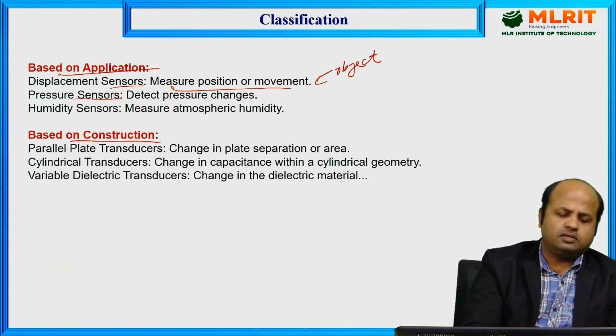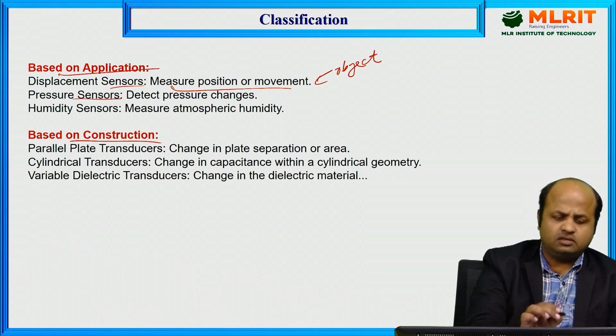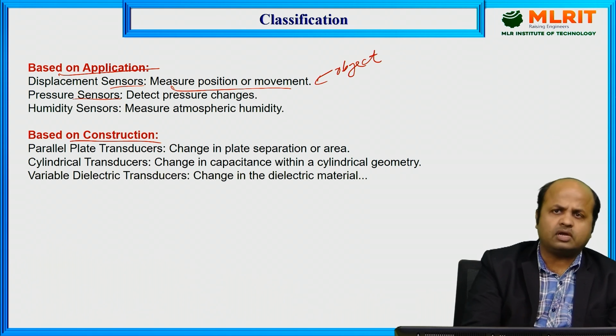Third are humidity sensors, which measure atmospheric humidity. Humidity sensors can also be a capacitive type of transducer.